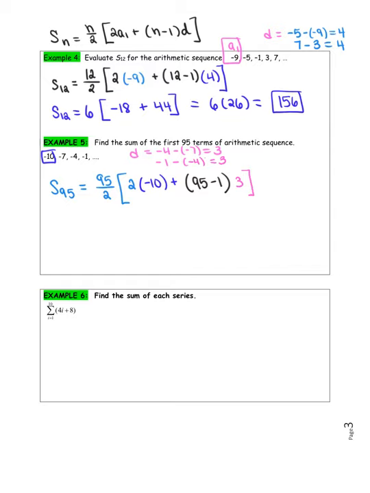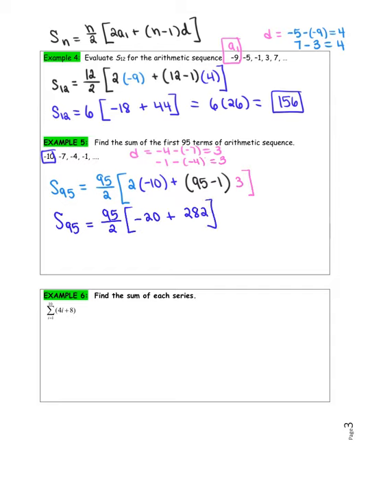So here we have S of 95 equals, I'll leave 95 over 2 as a fraction. Bracket 2 times negative 10 is negative 20, plus 95 minus 1 is 94. And 94 times 3 gives me 282.